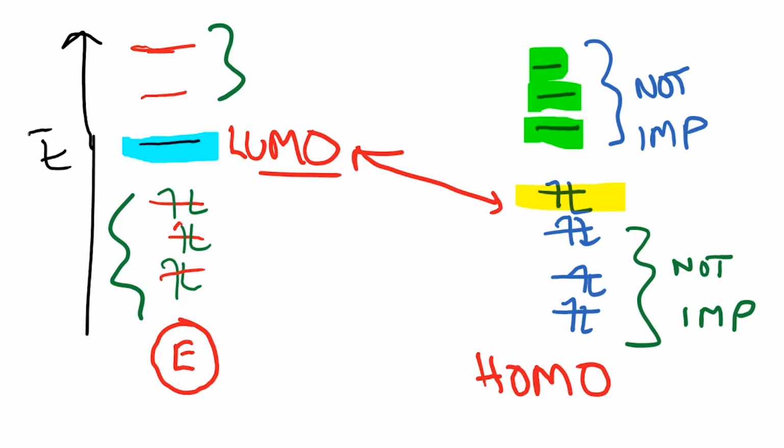Now coming back to the question of the carbonyl, let's go back and look at the molecular orbital picture that we have constructed. We saw that there is a carbon and an oxygen with a sigma bond, and, let's say in the case of formaldehyde, a couple of sigma bonds with hydrogen here.